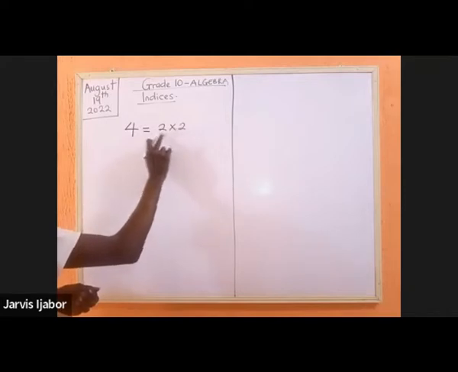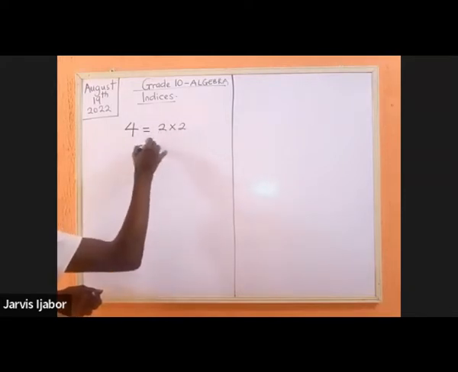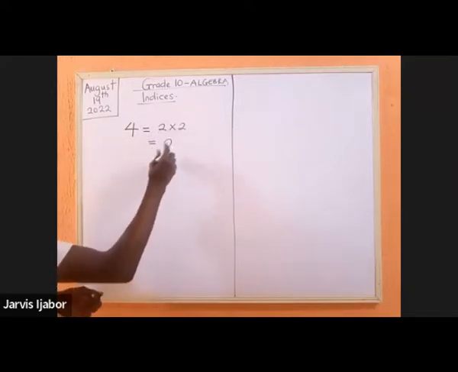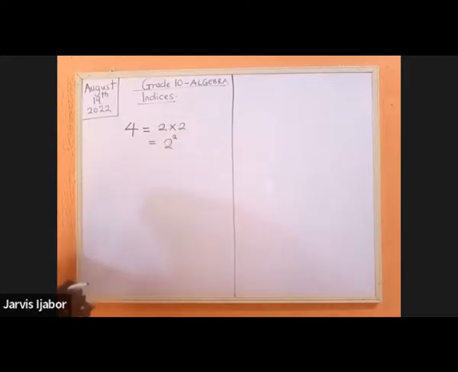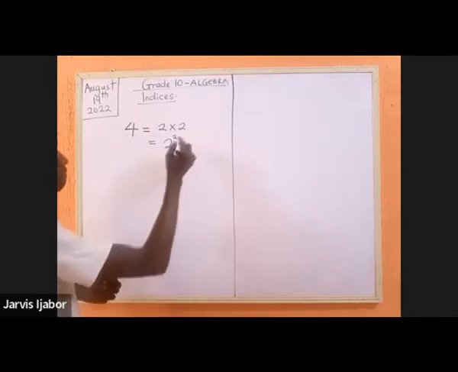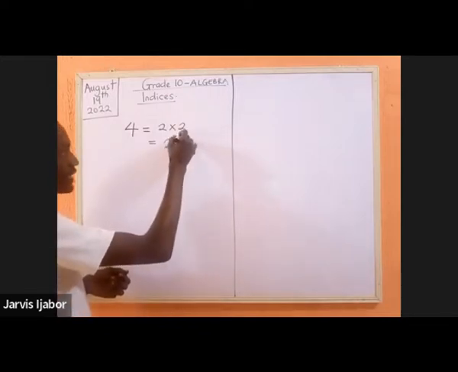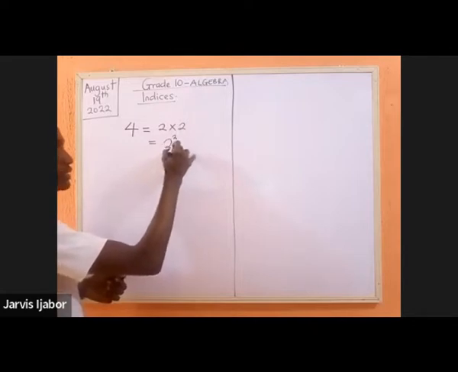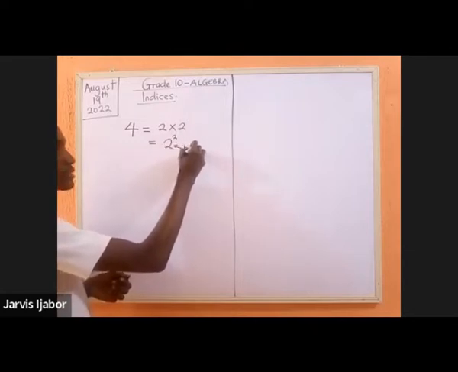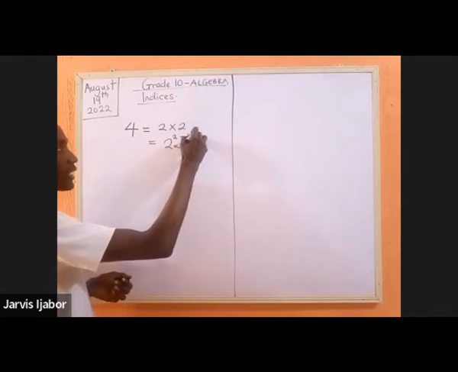How many times have I multiplied 2? Two times. So technically in maths, we write an index as a superscript. This one here is the index telling us how many times this base is multiplied. So I'll call this base, I'll call this index.